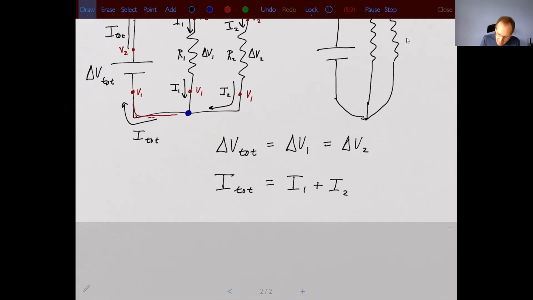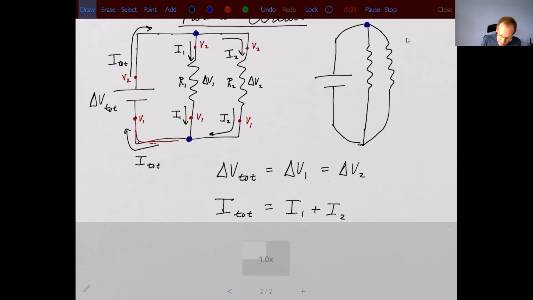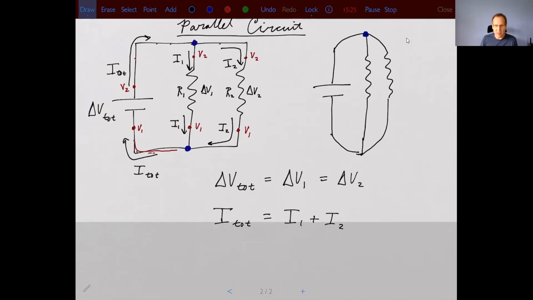Okay, now let's say I wanted to calculate I total using Ohm's law. Well, the easiest way to do that is if I can simplify this circuit into a simple circuit, then I can just apply Ohm's law directly. So the question is, how do I combine two resistors that are in parallel into a single total resistor?